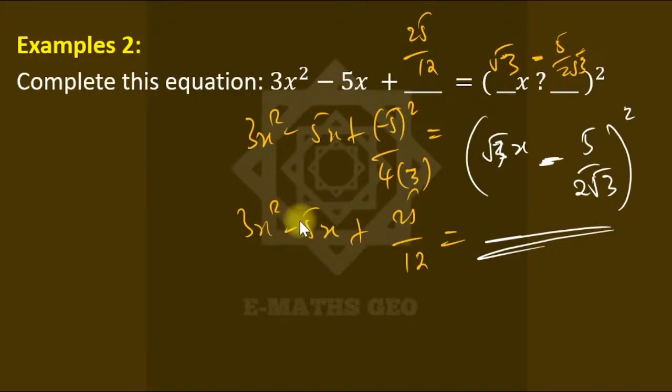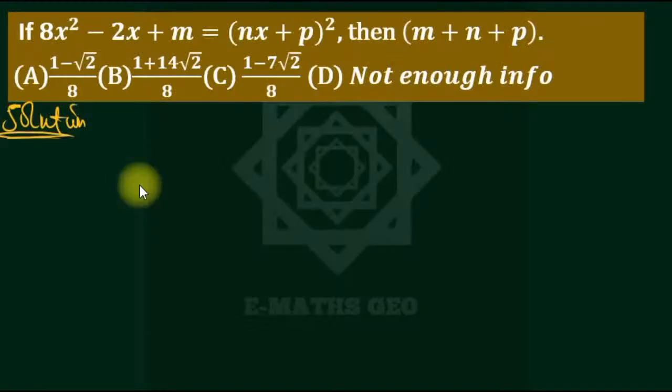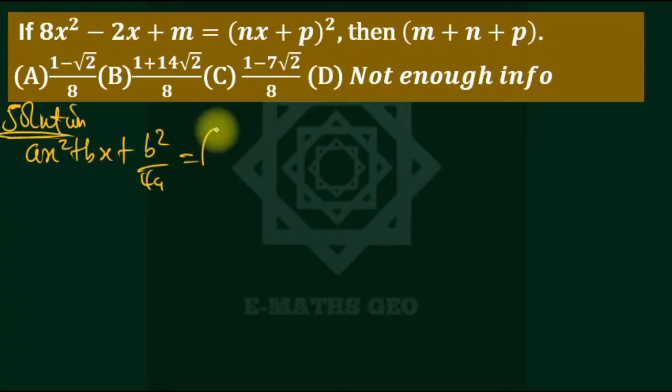So let's, if 8x squared minus 2x plus m equals nx plus p all squared, then find m plus n plus p. So we are going to use the knowledge that given a quadratic function ax squared plus bx, if we add b squared over 4a, it will be a perfect square.